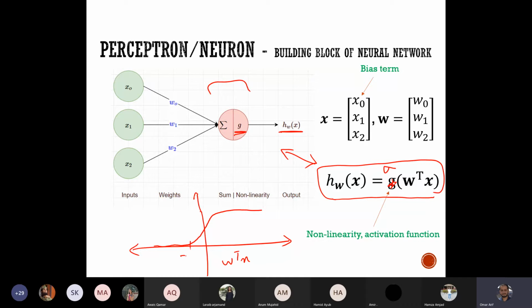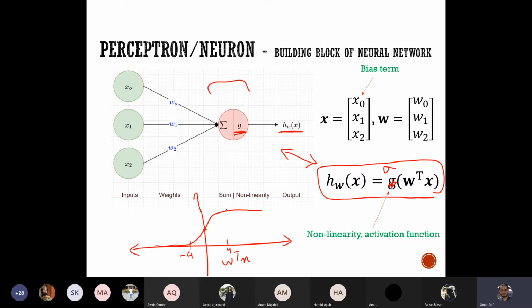If w transpose x is less than -4, then approximately you get 0 output. And similarly, if it is greater than 4, then you get approximately 1. And in between, you have this rising curve. Okay. And exactly when w transpose x is 0, you get the value of 0.5.